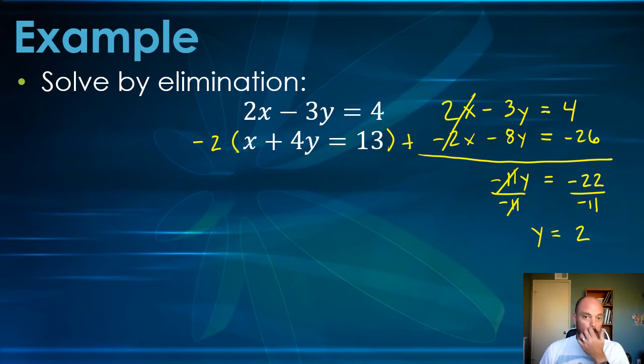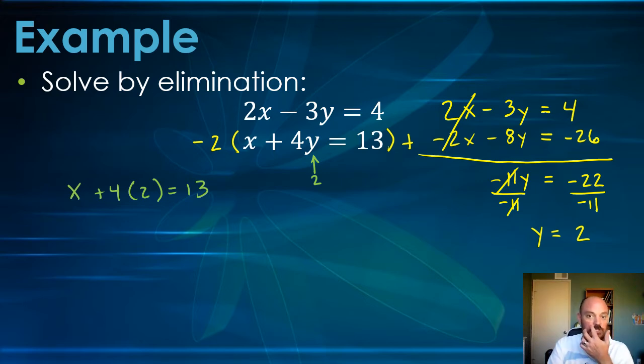Now what I want to do is go back, pick an equation from the original problem, and remember it really doesn't matter which one you choose. I'll just take the bottom equation and substitute 2 for y right here. So if I do that, I will have x plus 4 times 2 equals 13.